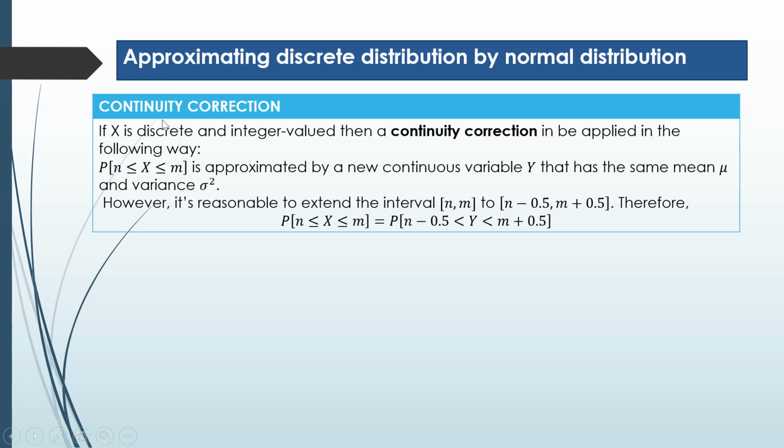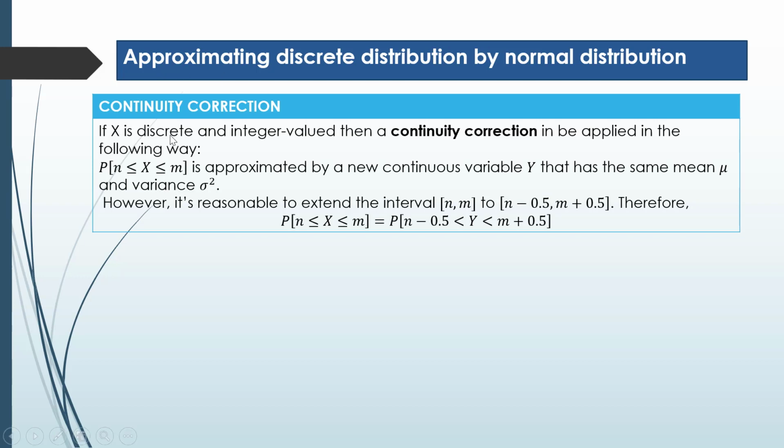To understand the continuity correction, with a discrete distribution you are able to work with a single point. But the normal distribution is a continuous distribution, so you cannot work with a single value. To get rid of that miscalculation, we need to manipulate the problem using continuity correction.